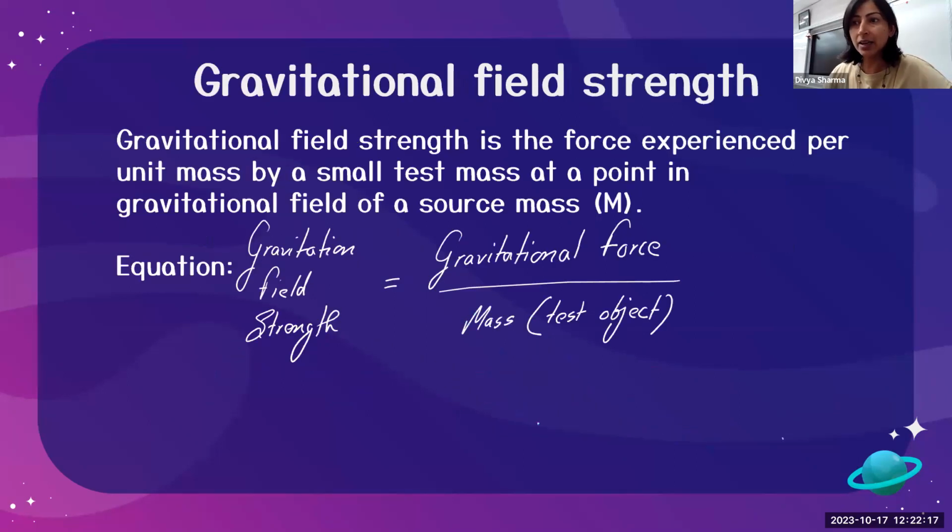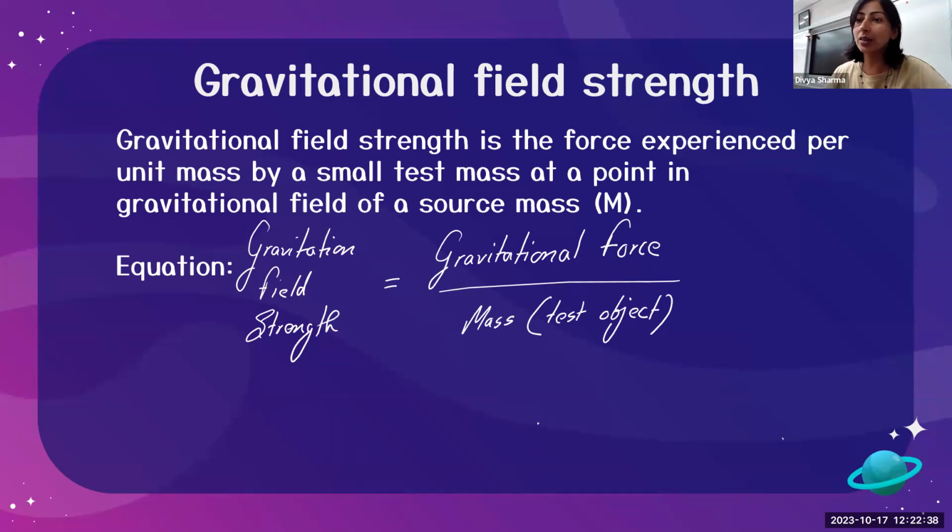In our case, we are going to work with gravitational field strength. That strength is going to be equal to gravitational force, Fg, that we talked about earlier, divided by the mass, because masses produce gravitational force. In this case, the mass is going to be the mass of the test particle.